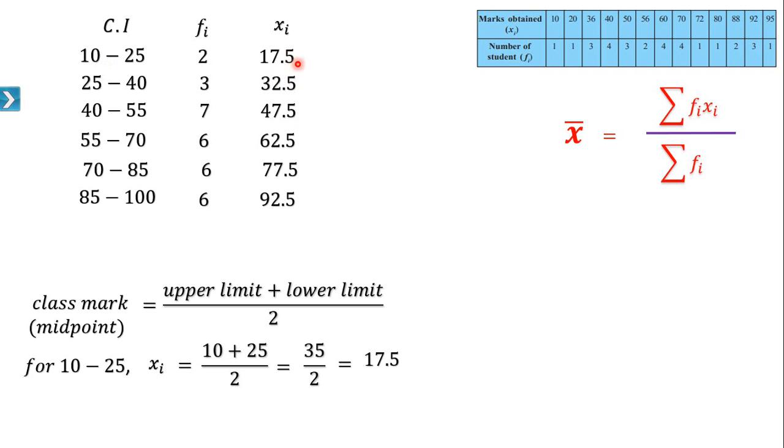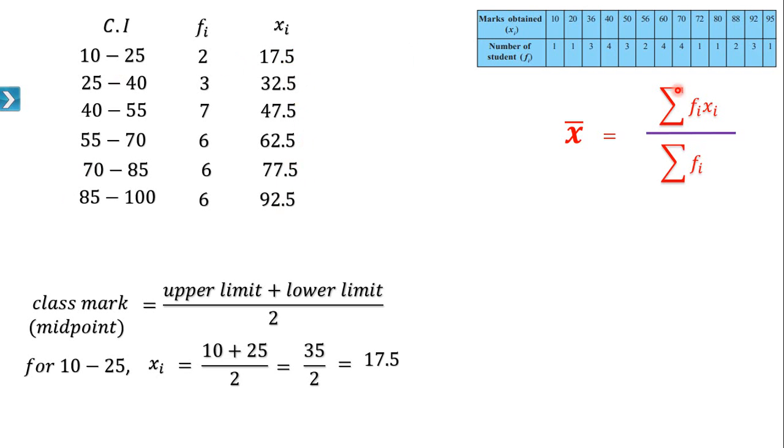So, 17.5 plus 15 is 32.5, plus 15 is 47.5, plus 15 is 62.5, plus 15 is 77.5, plus 15 is 92.5. So, if you find the first xi, it is enough. If the class size is the same, by adding the class size we will get the next xi.